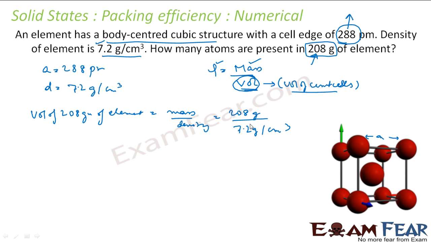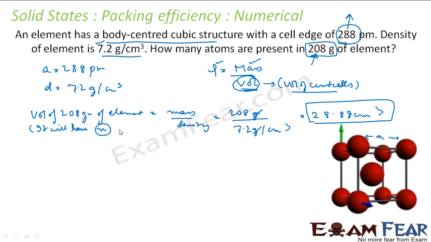Everything is gram, so I didn't convert into SI unit. So gram and gram cancel. With that you get 28.88 centimeter cube. This is the volume of 208 grams of element, and it will have n number of unit cells.